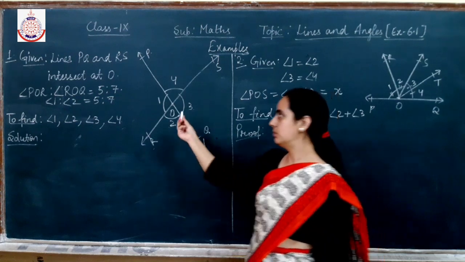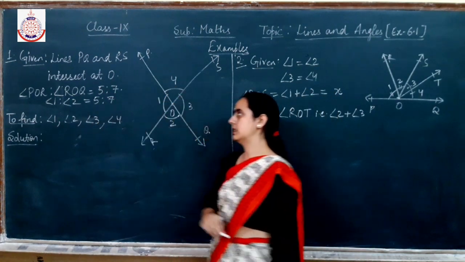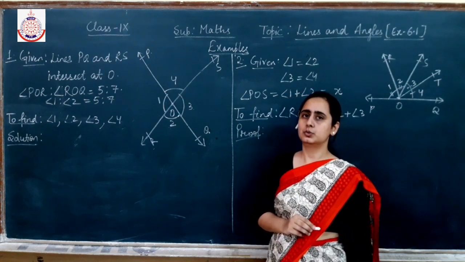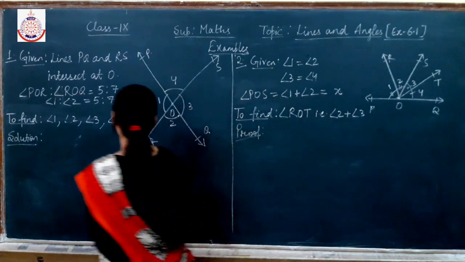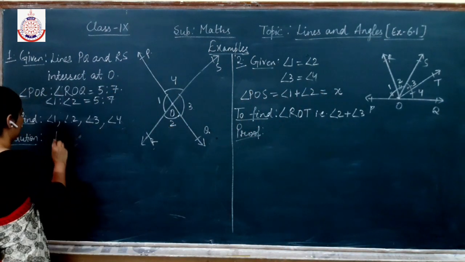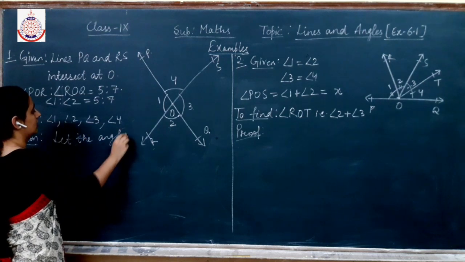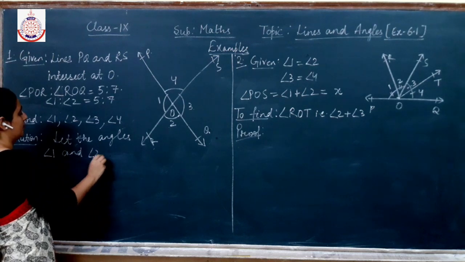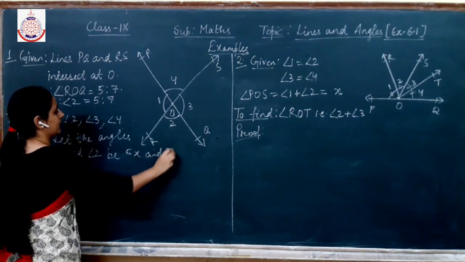So according to the question, the ratio of angle 1 and 2 is given as 5:7 and I have to find out angles 1, 2, 3 and 4. Fine. So how will we solve it? First of all, let angles 1 and 2 be 5x and 7x.